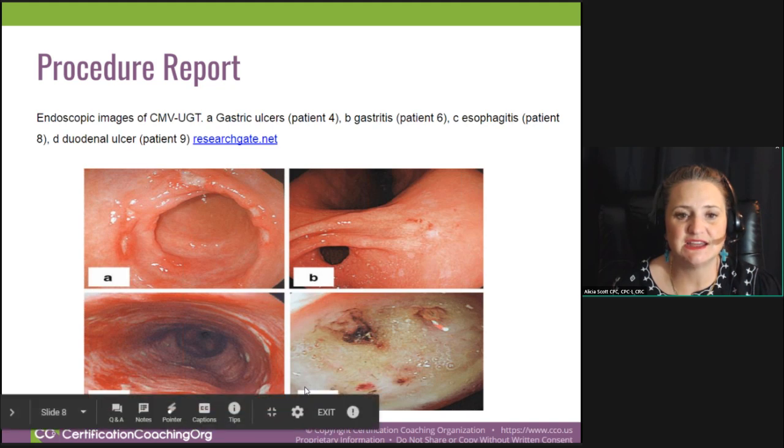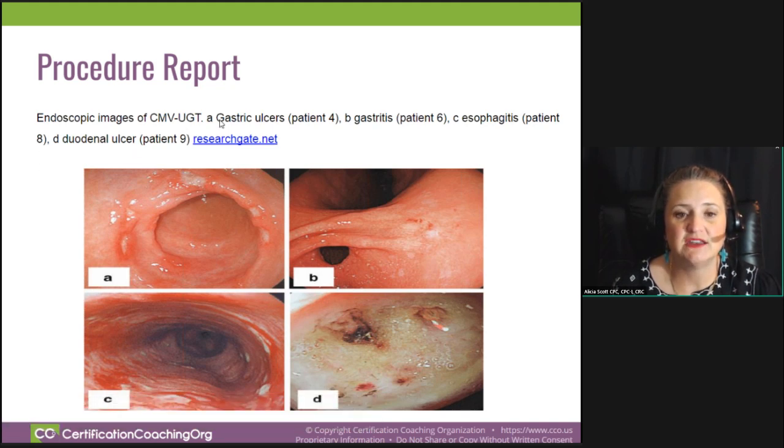For these slides, we've got endoscopic images, and we've got a gastric ulcer here at the first, and see these little white spots? They literally look like little cold sores, don't they? But this is gastric, this is stomach right here, okay? And it doesn't say where the gastric ulcer is, meaning, is this the top of the esophagus coming down, which I kind of think that it is.